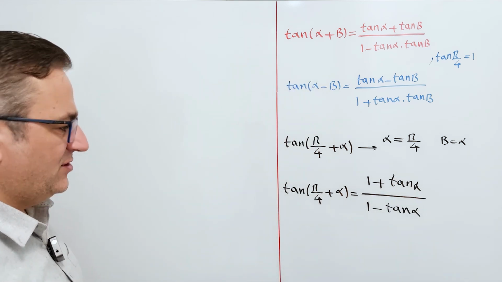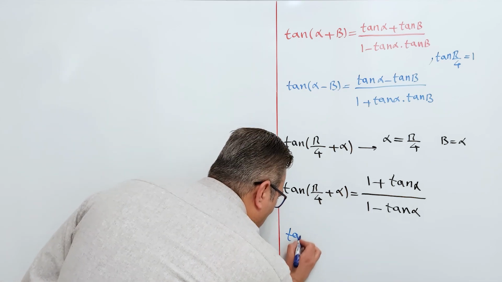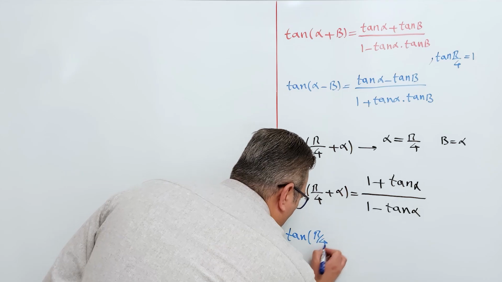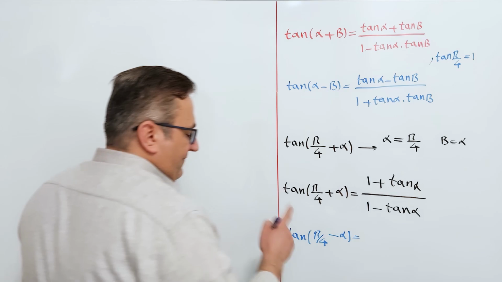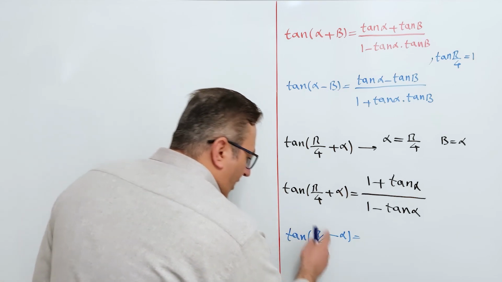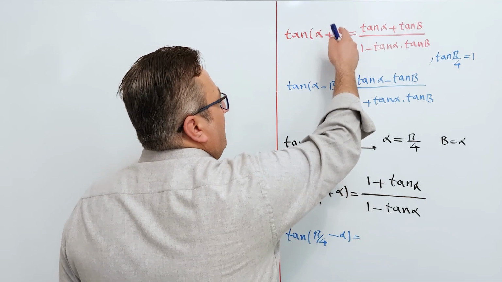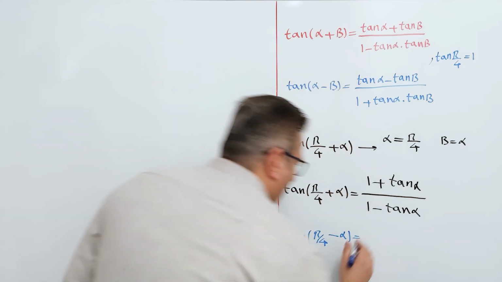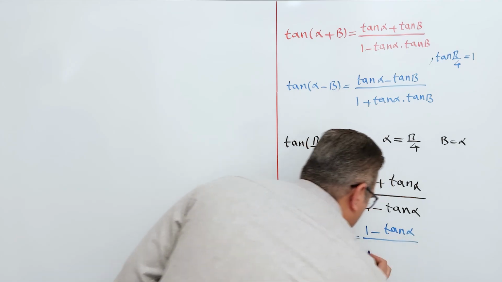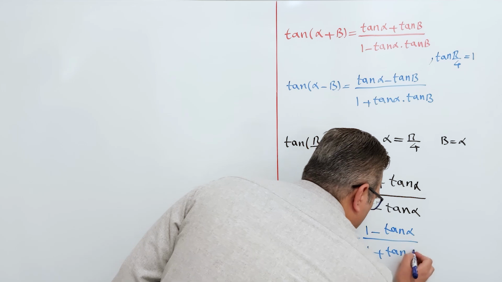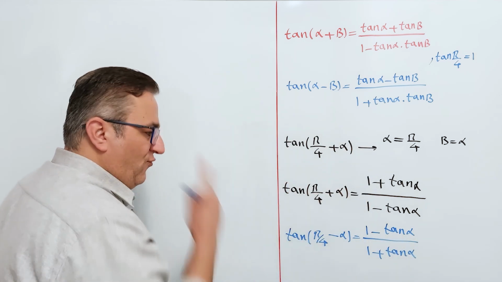And we can say tangent of pi over 4 minus alpha is equal to, if we consider this part as alpha and alpha is equal to beta, 1 minus tangent alpha divided by 1 plus tangent alpha, because tangent pi over 4 is equal to 1.